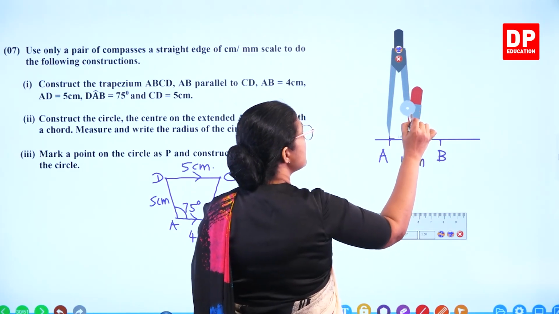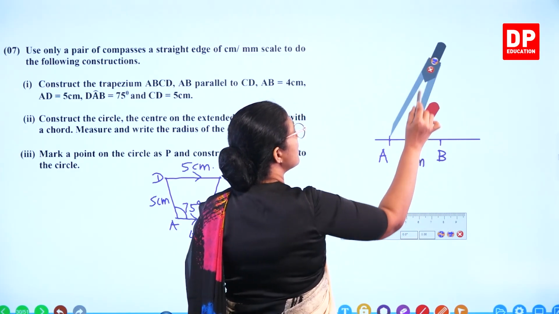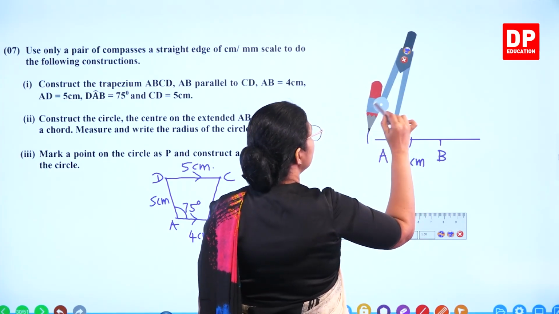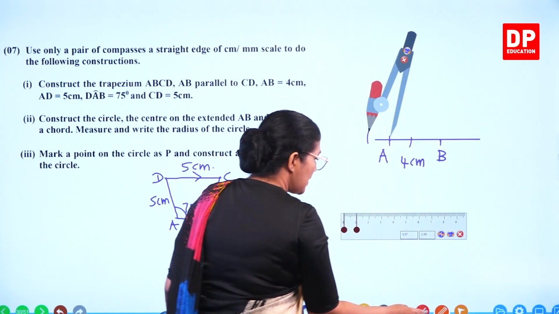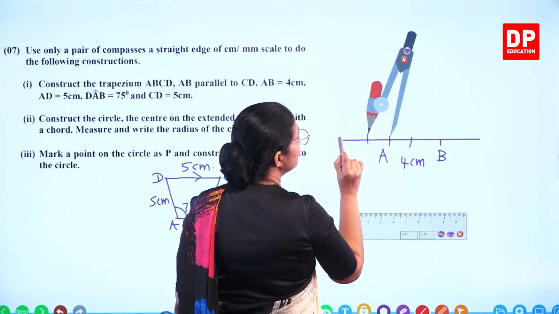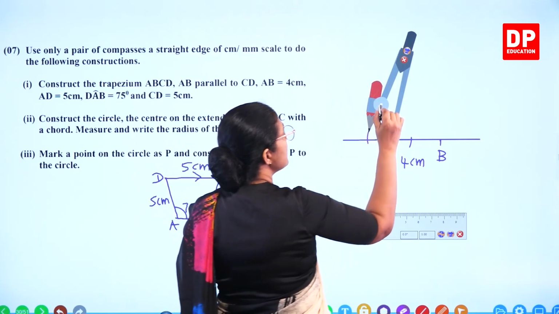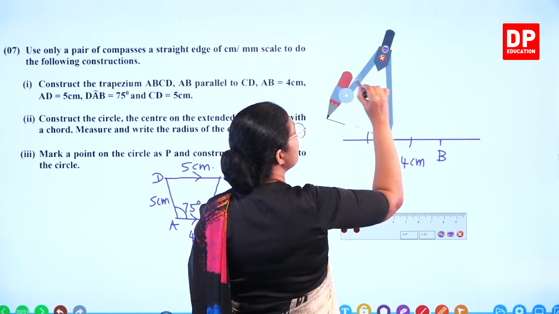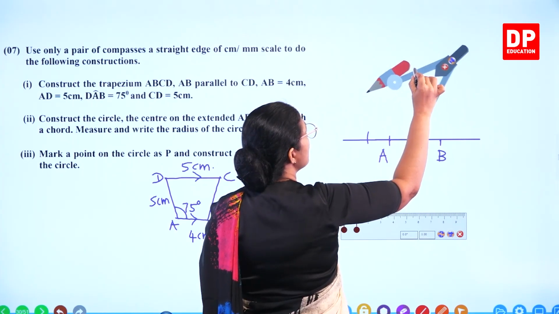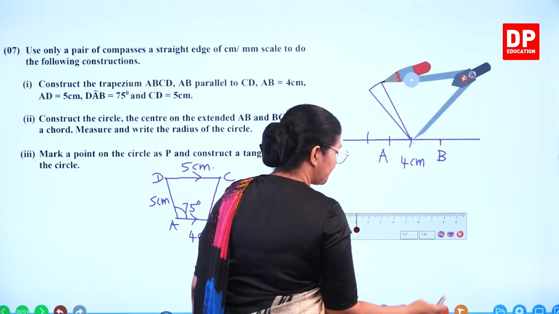Take a certain distance. You can mark on both sides. And I'll extend this line toward this side. Now you can take any length, keep on top of this point and draw a line.